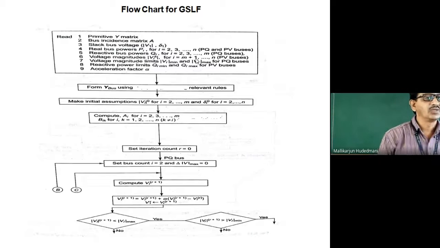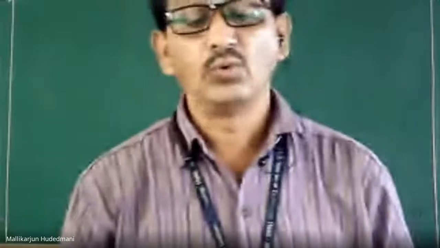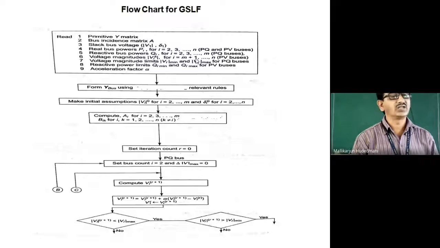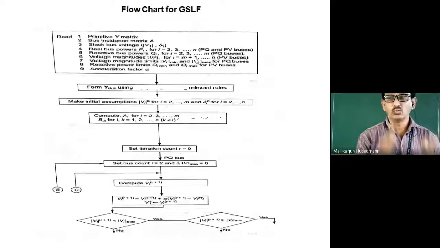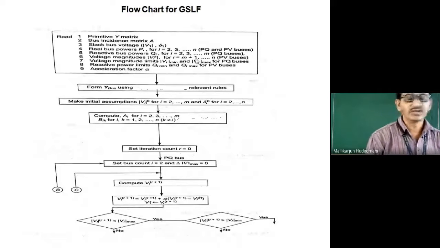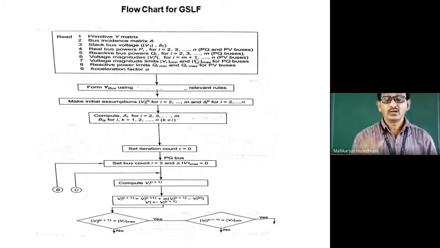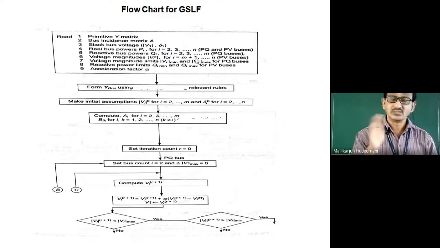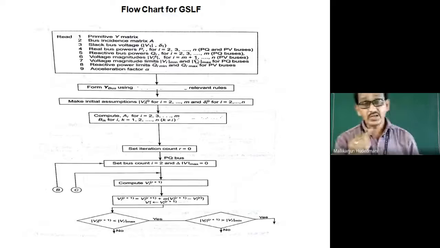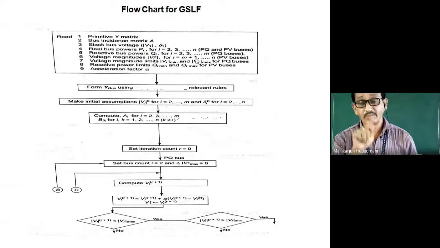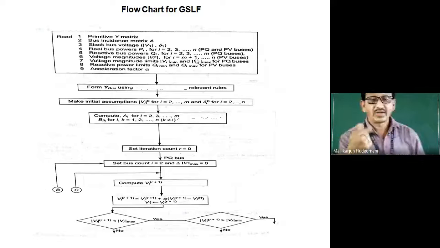Usually 1 angle 0, or 1 plus j0, is used. That's called a flat start, where voltage is taken as magnitude 1 and deltas are considered as 0. If you have load buses, generally this is a very suitable technique. If you have generator buses where V is mentioned, P is given, capacity is given, V is given, it is better to assume the same voltage which is given in the problem for generators.